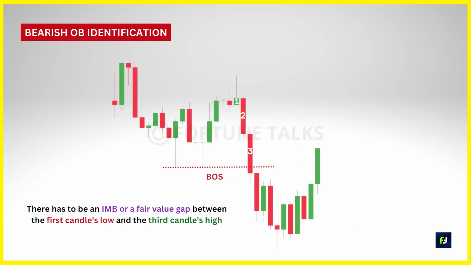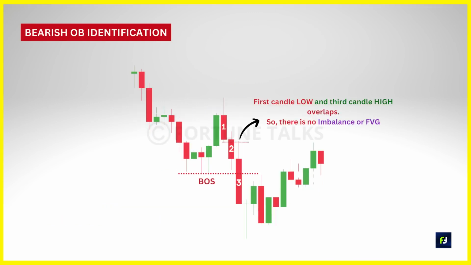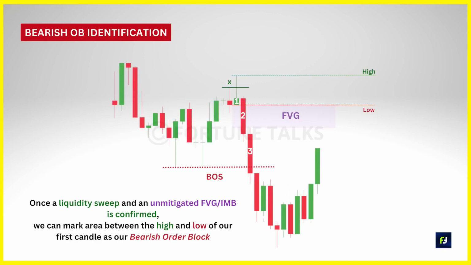The next factor after this is to check whether there is an imbalance or a fair value gap between the first candle's low that we have identified and the third candle's high. If there is no imbalance or gap between them, then the order flow is not valid at all. But if there is an imbalance between the first candle's low and the third candle's high, then we can mark the order block by drawing lines at the highs and lows of the first candle that we have identified.